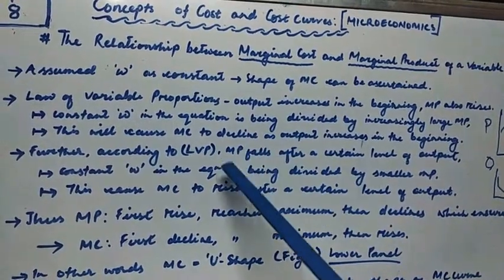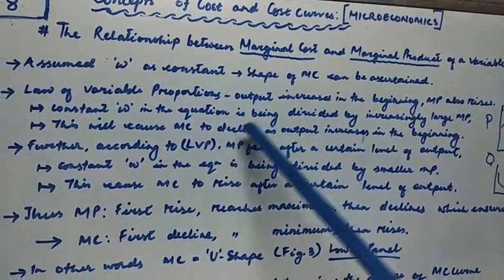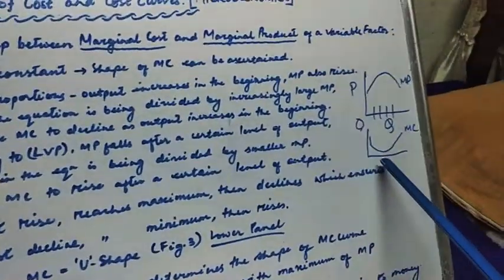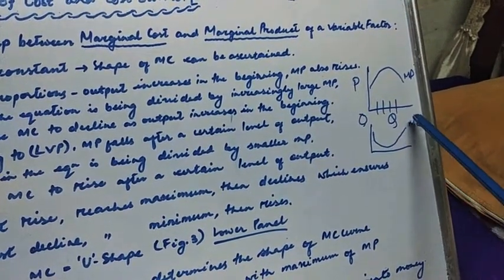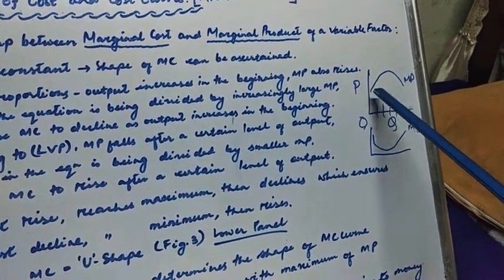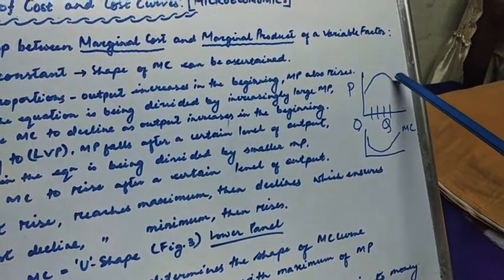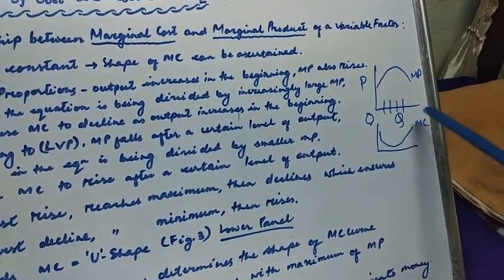So in the second stage, it is happening opposite to the first stage. The MC will start to rise after a certain level of output. So after reaching a minimum level, this MC curve will begin to rise. And after reaching a certain maximum point, this MP begins to fall. So you can already see the relation here.